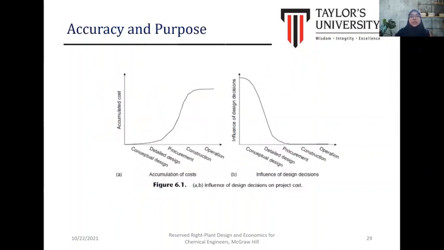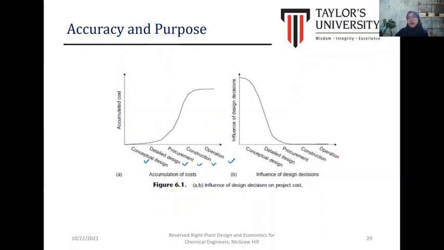Okay, for the accuracy first. In process design, we start with the conceptual design, detail design, procurement, construction, and operation. The accumulated cost shows that it gets higher until we can operate the plant.